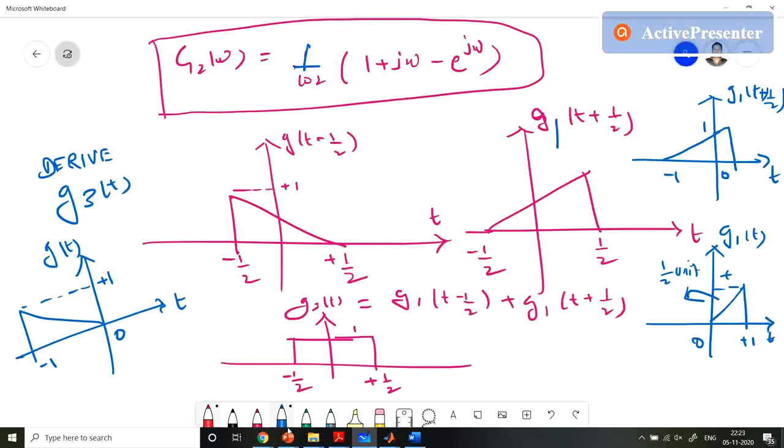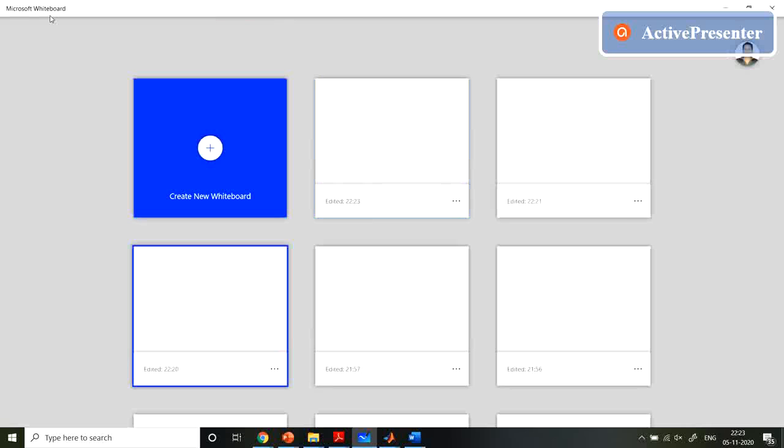Now if we add Gt minus 1 by 2 plus G1t plus 1 by 2, what will we get? We will get G3t.